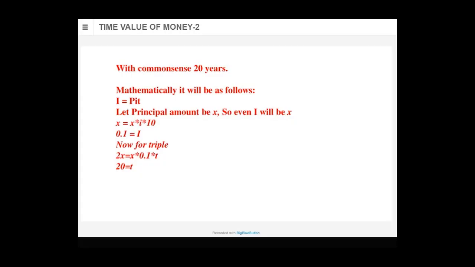X gets cancelled and it becomes 1. 1 is equal to R into 10. Then 1 divided by 10, which is 0.1, is R. Now to make it triple, 2X, I should get interest double. 2X is equal to X into 0.1 into T, and I get T as 20. So mathematically also solved. You can solve mathematically, otherwise your common sense tells you it's 20.